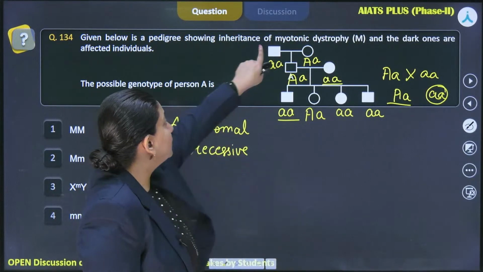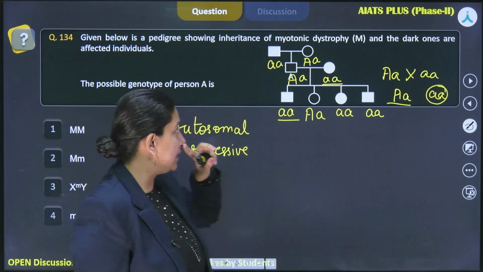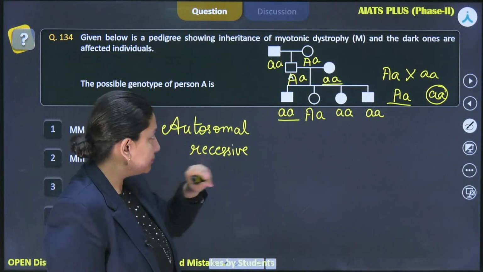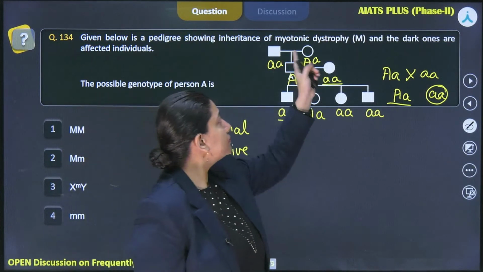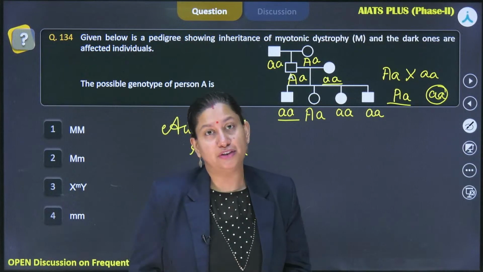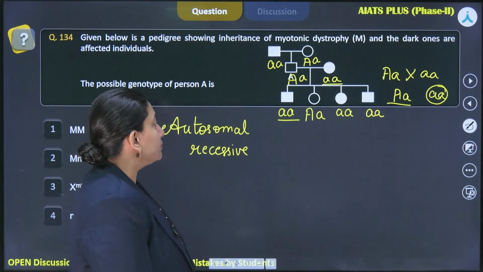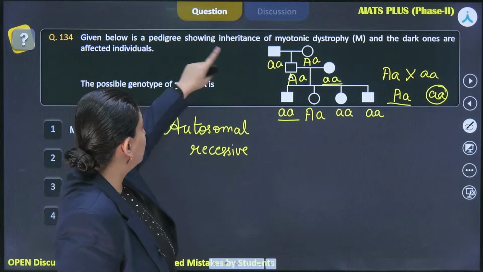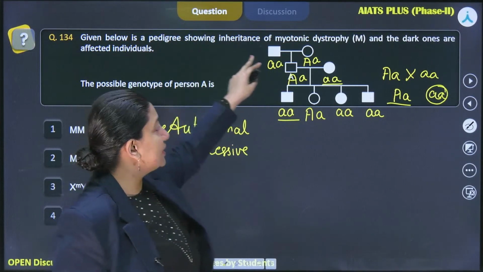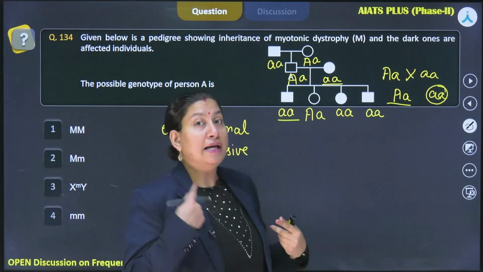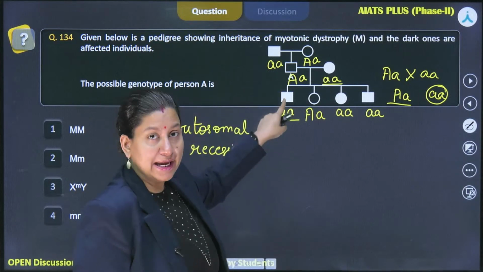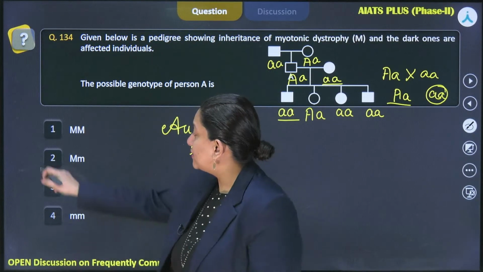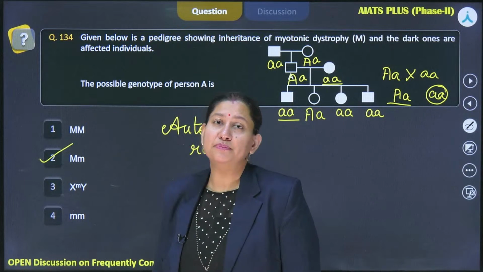That's why they have specified clearly if you're supposing that the pedigree is true for myotonic dystrophy, right? In this case, if the question had said that the given pedigree is an inheritance of sickle cell anemia, and then asked what is the genotype of an individual, then you would have said capital M, small m.